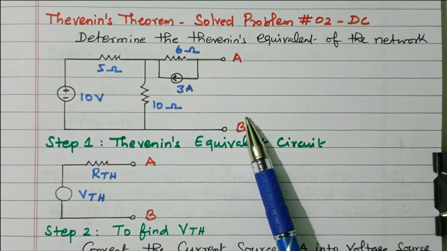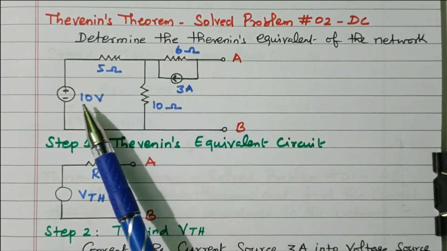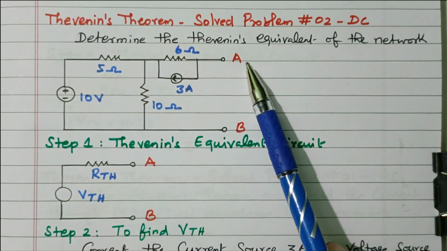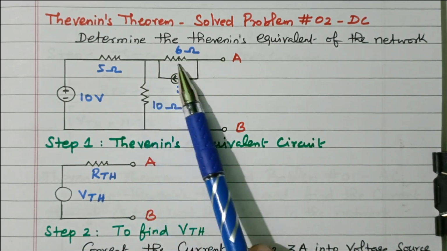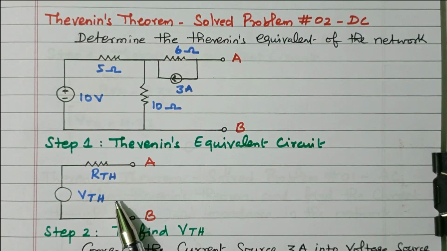R Thevenin is the resistance across AB by removing the current source and voltage source. The current and voltage sources are removed and the resistance across AB is R Thevenin. This is the equivalent circuit. So the complicated network is simplified to one voltage source connected in series with a resistance. That is the simplification of Thevenin's theorem.